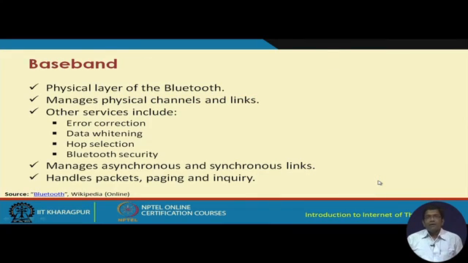The one above the physical is the baseband layer; physical is nothing but the radio, and we do not need to really understand it. Baseband is the physical layer of Bluetooth. It manages physical channels and links and different services such as error correction, data whitening, hop selection, and Bluetooth security.